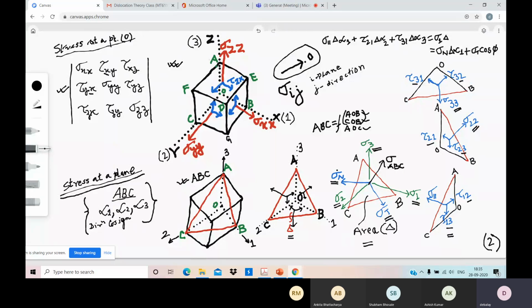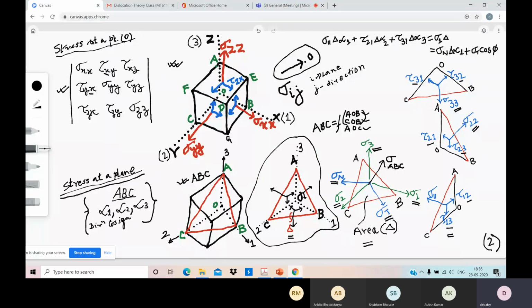So these stresses are actually acting on this entire structure, entire body. And we are interested to know the net stress acting on the ABC plane. So how to represent that?